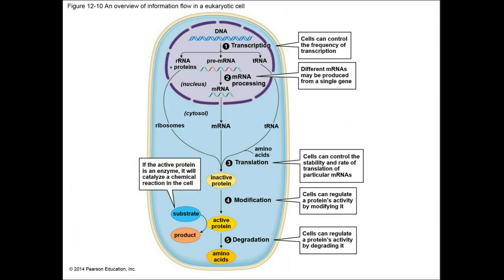Both controlling the frequency of transcription and processing of the messenger RNA transcript are levels of regulation that occur within the nucleus. Controlling the frequency of transcription is transcriptional regulation, and controlling which messenger RNAs are made from a single gene also involves transcriptional regulation.